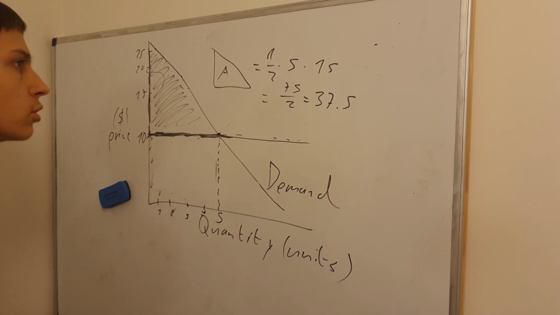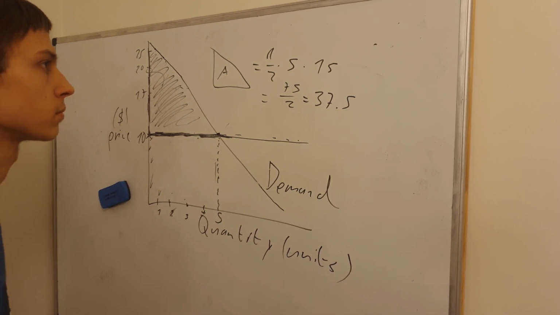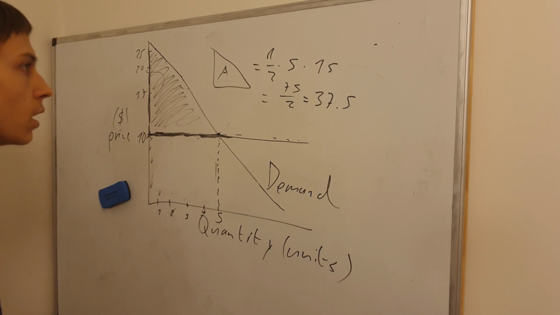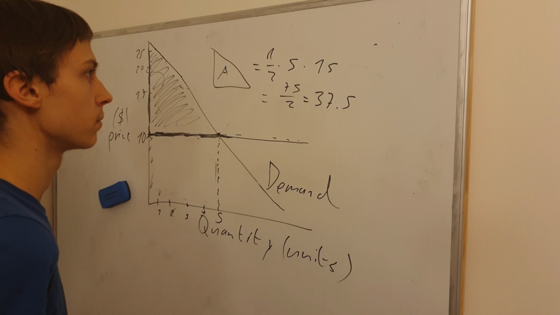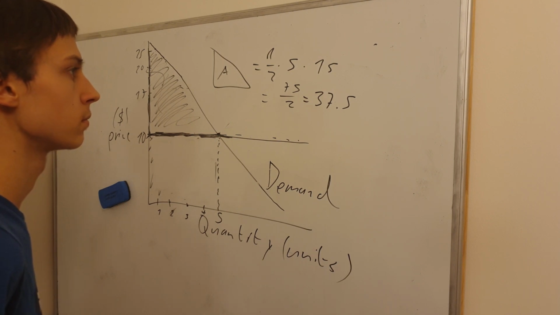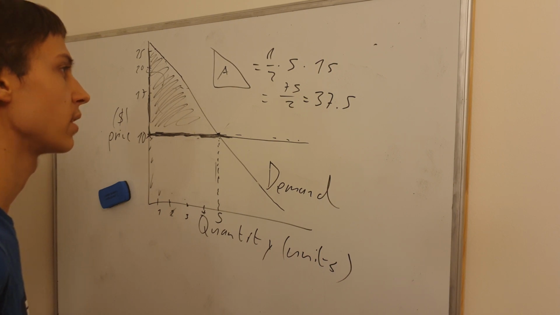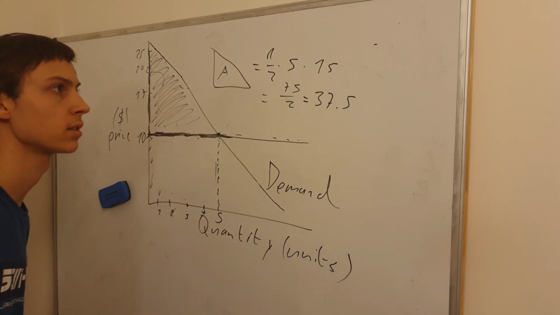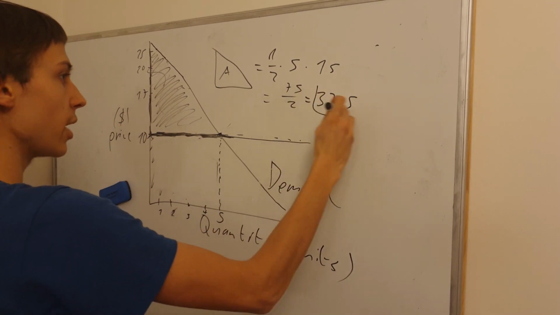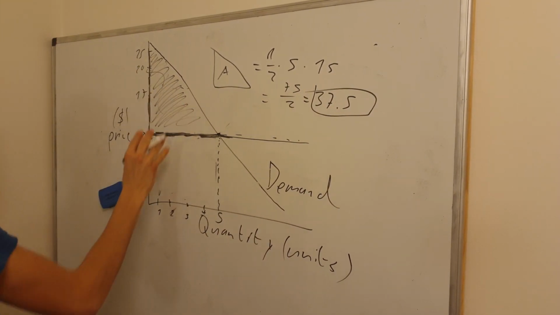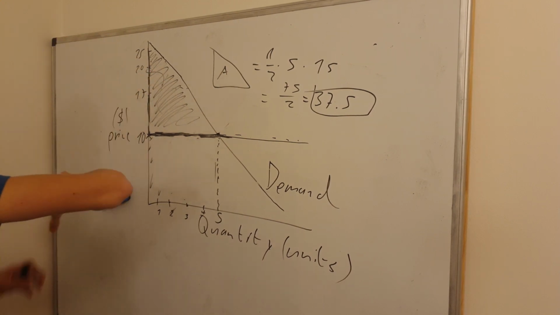Yeah, 2.5 times 15 is 30, plus 7.5. Yeah, it's right. So the area of this triangle is 37.5.